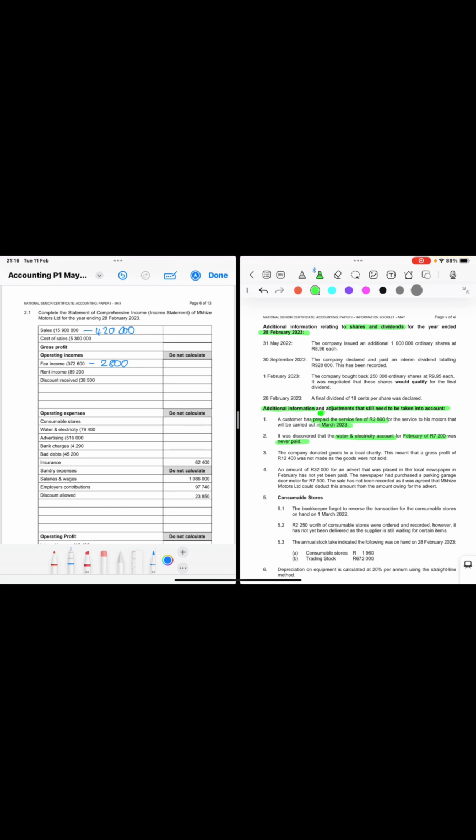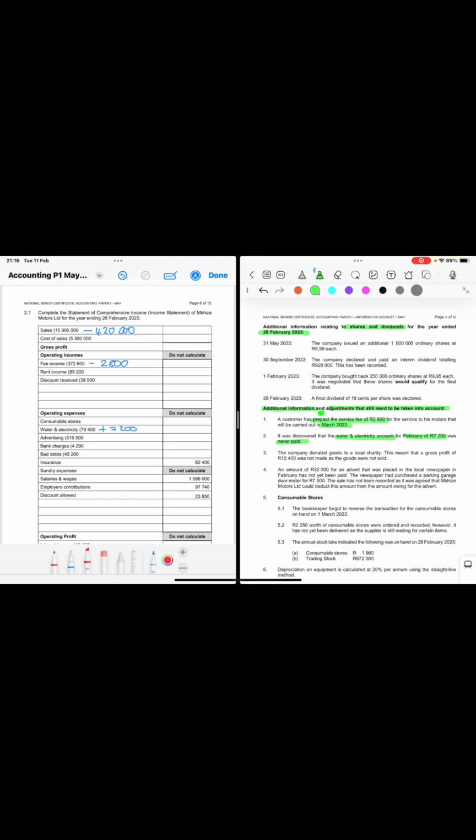So remember, with accounting, we're dealing with the accrual basis. So it does not matter whether the expense has not yet been paid, as long as it has been incurred. Just like income, it has to be earned. If it hasn't been received yet, that doesn't matter. We need to include it in the relevant financial year. So we add the 7,200.